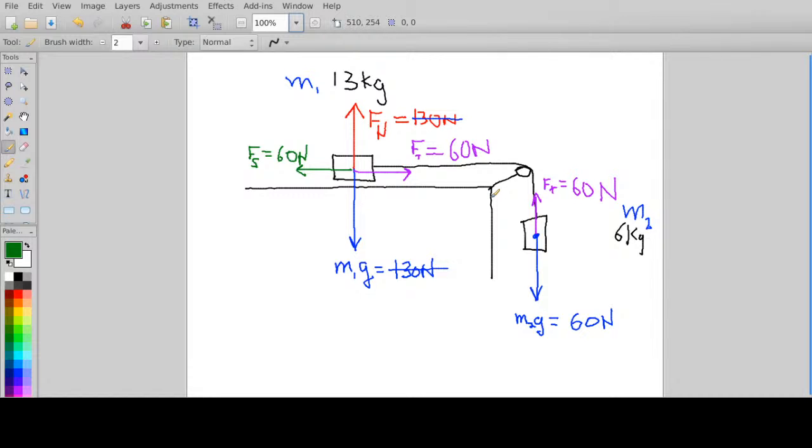All right. So Newton's first law says if this box is not moving, all the forces have to cancel out. And so if you've got Ft 60 newtons to the right, you're going to have Fs 60 newtons to the left there to cancel out. And there are no other forces acting on this. Okay. And so I think you can see that the static friction is actually easier.